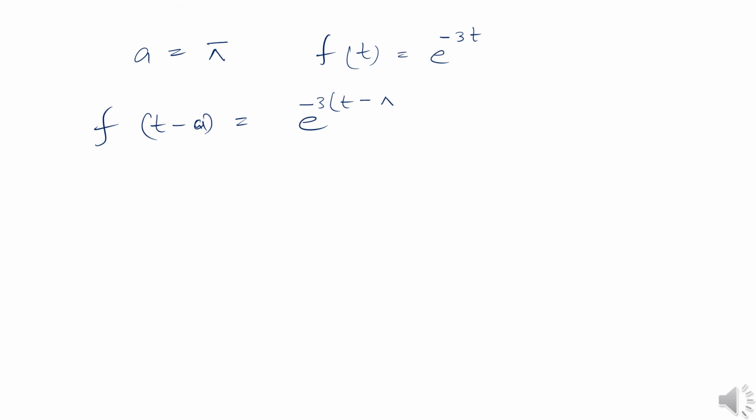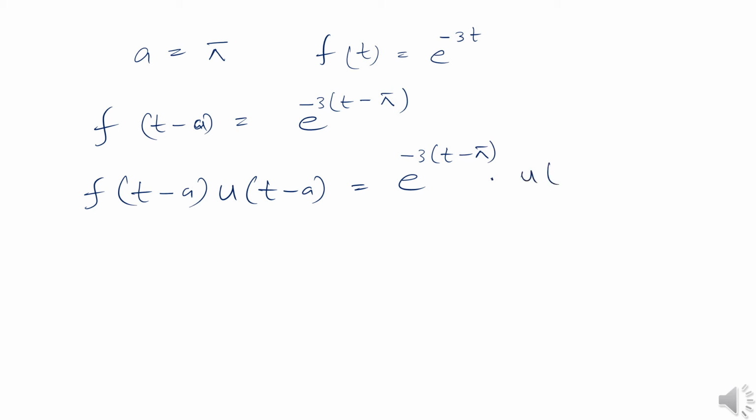So this is f(t minus a), and f(t minus a) multiplied by u(t minus a) will be simply equal to e raised to the power negative 3 into t minus pi, multiplied by the unit step of t minus pi.